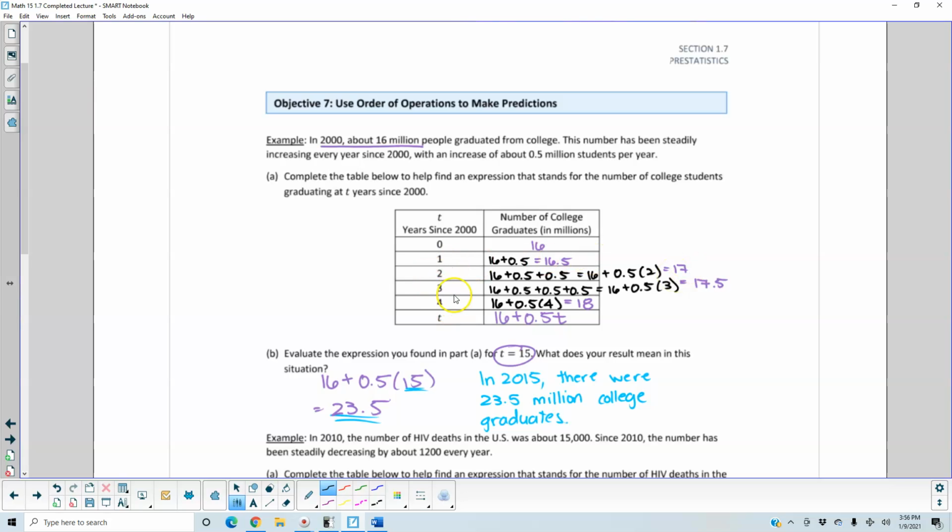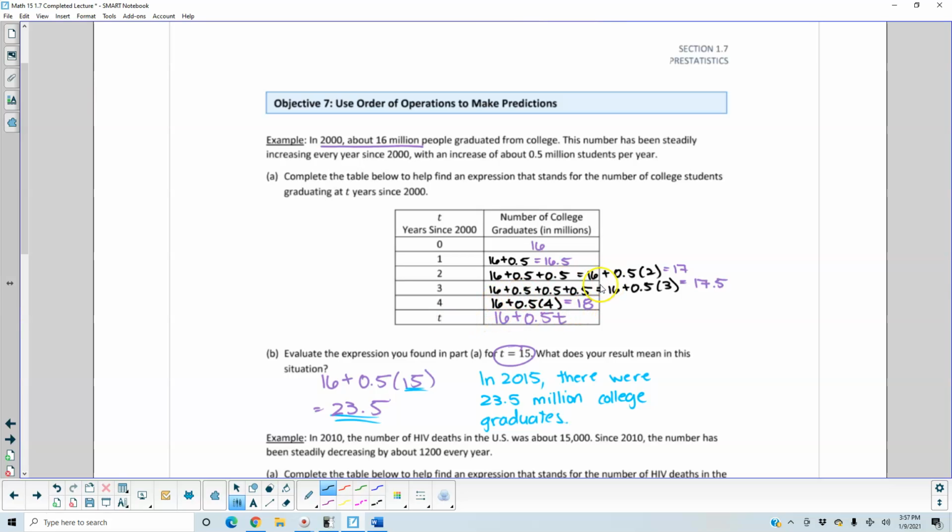Then we have 2003. So 16 plus 0.5 plus 0.5 plus 0.5 is the same thing as 16 plus 0.5 times 3, which gives us a result of 17.5. And then in 2004, we have 16 plus 0.5 times 4, which gives us a result of 18.